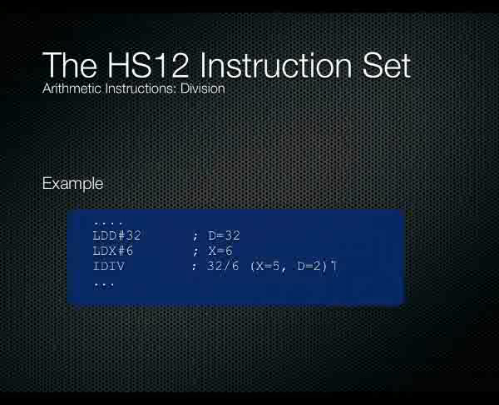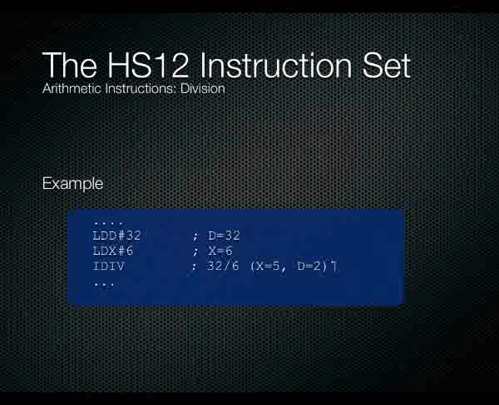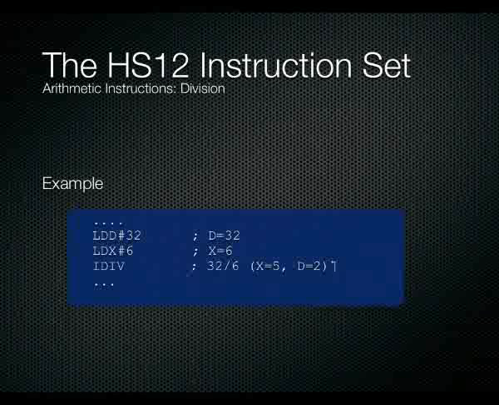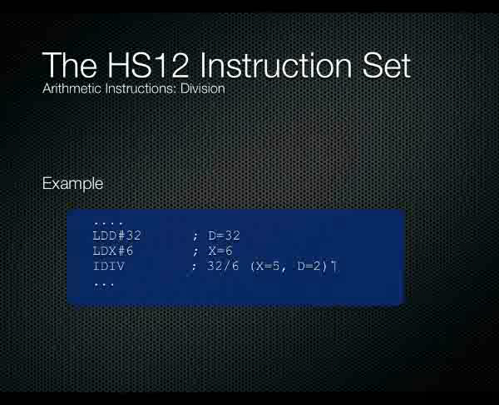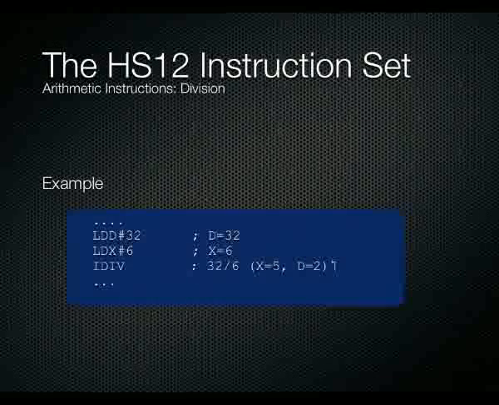So X will contain the value of 5, which is the result, and D will contain the remainder of 2, because 32 divided by 6 gives you 5, and 5 times 6 is 30, so therefore the remainder in this case is 2, therefore D will equal 2.